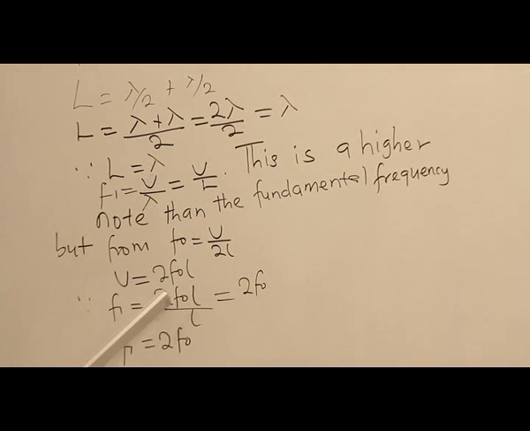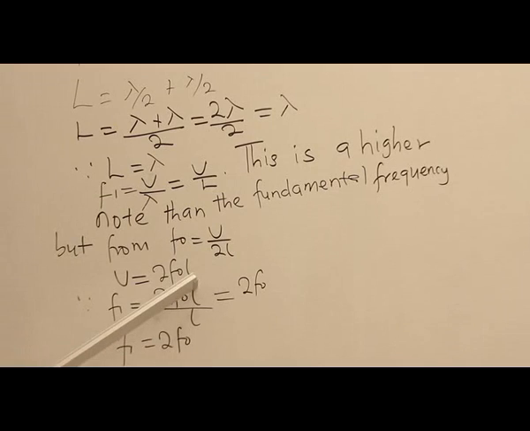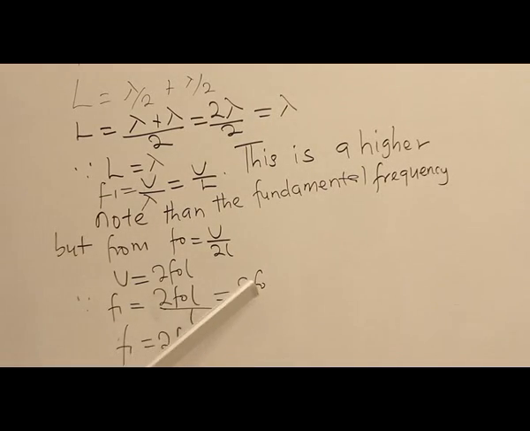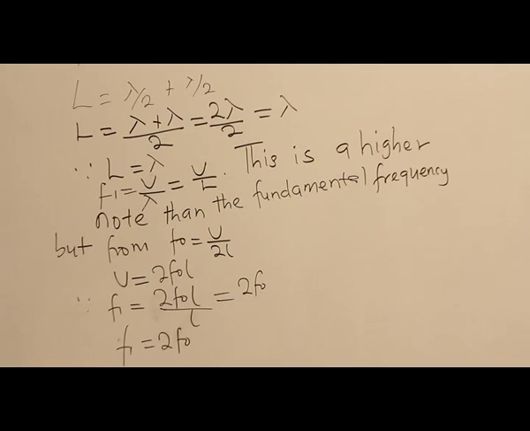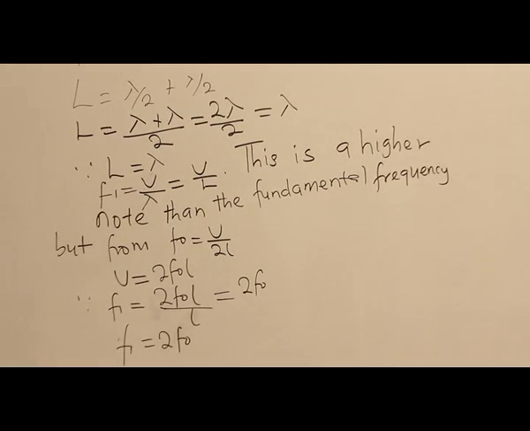You have 2F0L over L. The L here and this L here will cancel each other. The result will be 2F0, which now will be F1. F1 here is the first harmonic in the vibrating string.